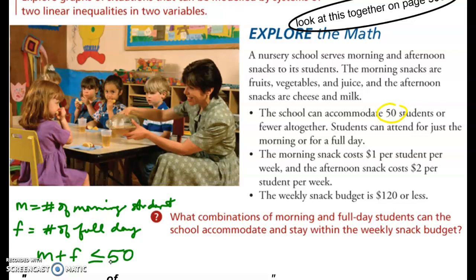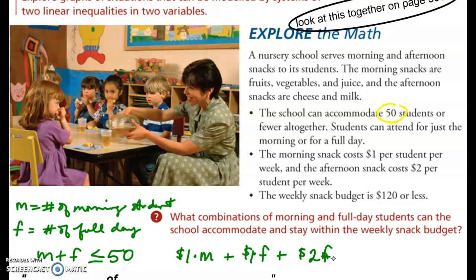Now the snack part, we have morning snacks costing $1. So there's going to be $1 times every person that's there for the morning. Now the full day people will also get a morning snack, so we're going to have to add $1 for every full day student. Oops, I forgot the one. Plus the afternoon snack, so the people that are there for the full day, their snacks cost $2 times F, full day students.